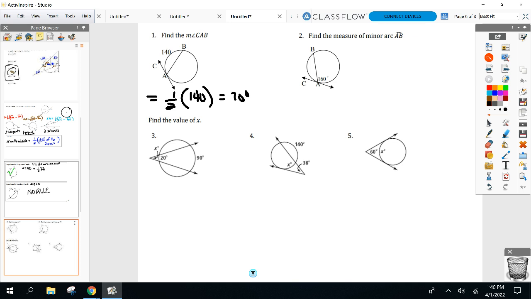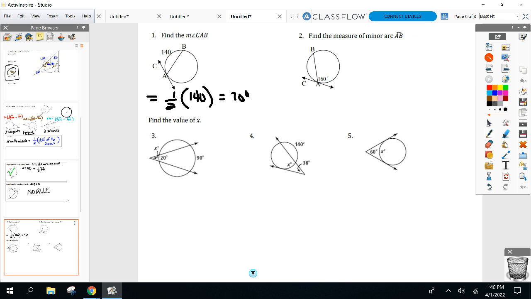How about 2? Find the measure of minor arc AB. Remember minor arc? One that's less than 180. And I gave you 160 as B, A. Minor arc AB. Any help here getting to it, Paul? Because there are two ways to do this. Go ahead, your way. I was going to do 160 times 2.